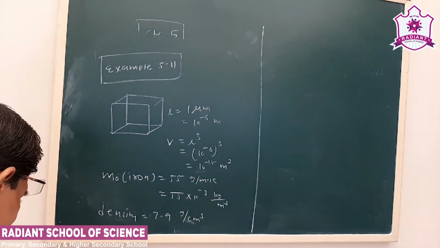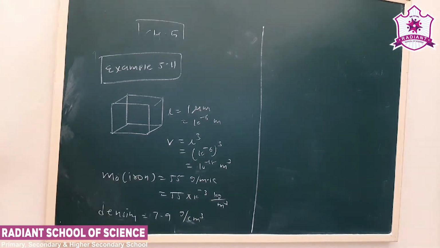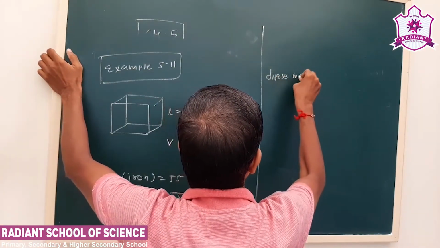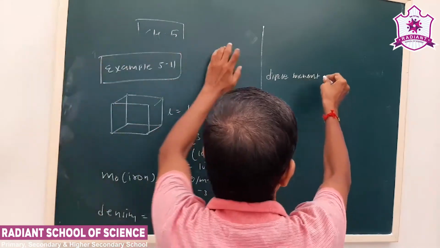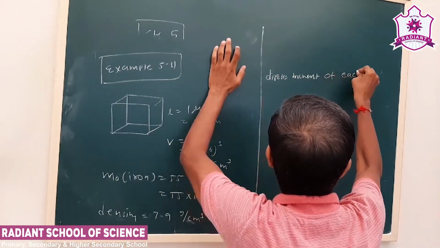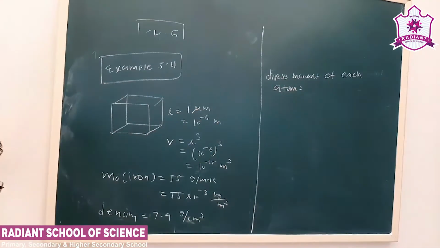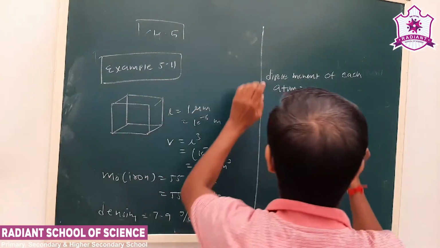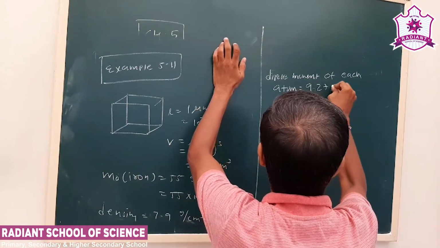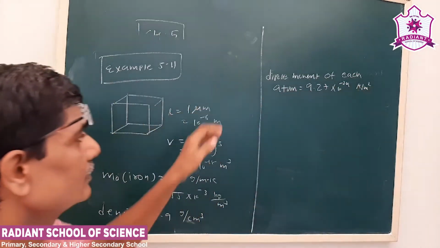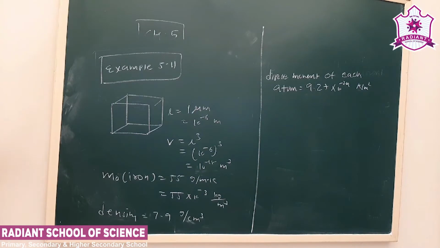And see, the dipole moment of each atom is given as 9.27. This is the dipole moment of one atom.